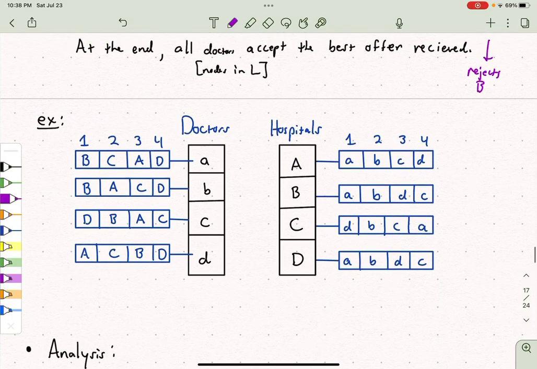So in this example, we start with A. You could really start with any of them, but we'll just start with A. So A prefers little a the most, so we tentatively match A to little a. So now we go into B. B prefers A the most, so B is going to make an offer.